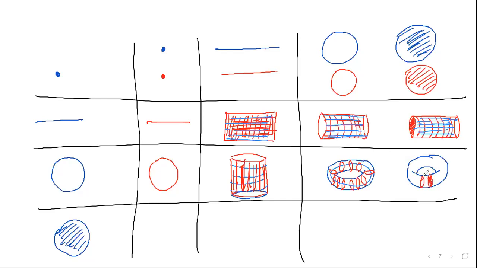So this will be filled from the inside. On the outside you have a circle, but from the inside this is filled. Okay, so in this way you will get the whole torus.